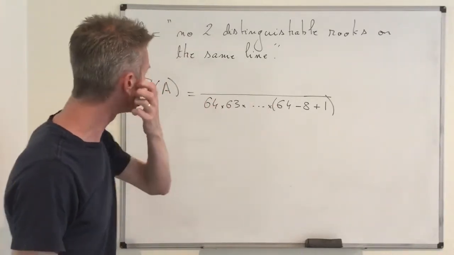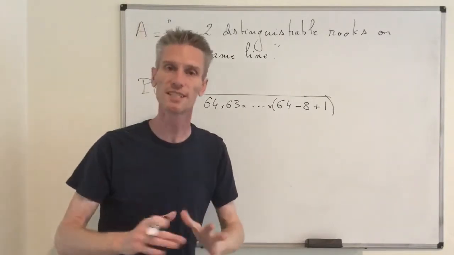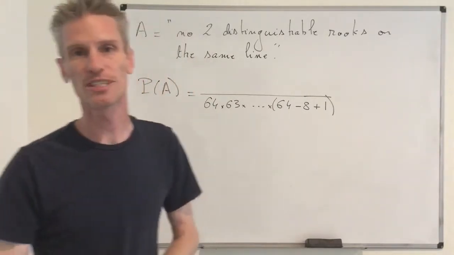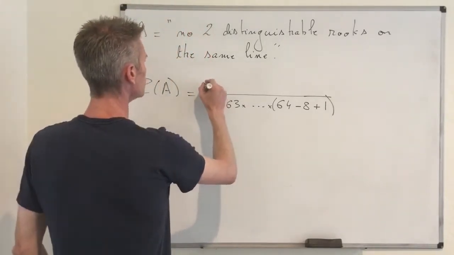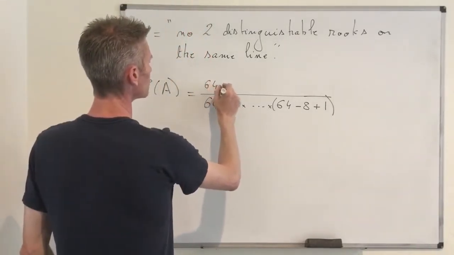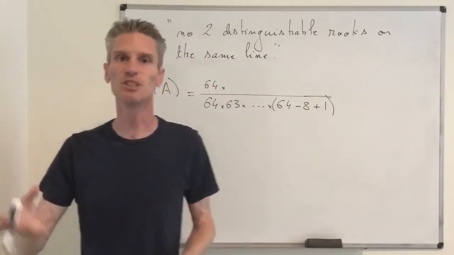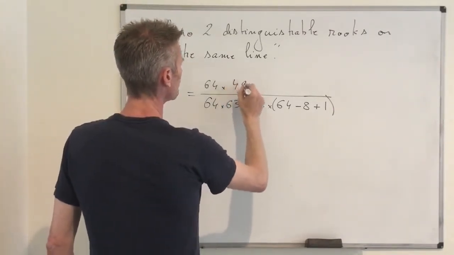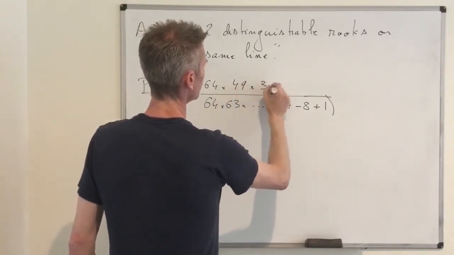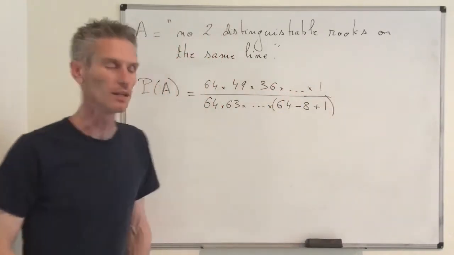And then we said that the number of ways we can place the rooks in such a way that they are not on the same horizontal or vertical line is going to be, so we start with 64, but then for the second rook, we have only 7 times 7, which is 49 possibilities. So 49, then 6 times 6, 36, and so on, up to 1 times 1, that's 1.